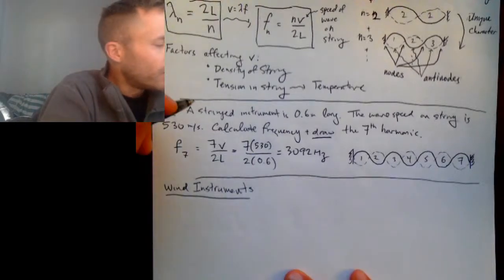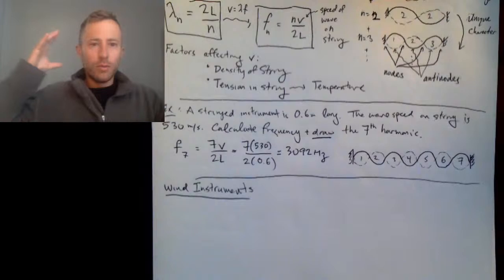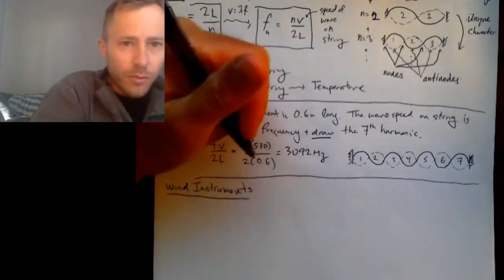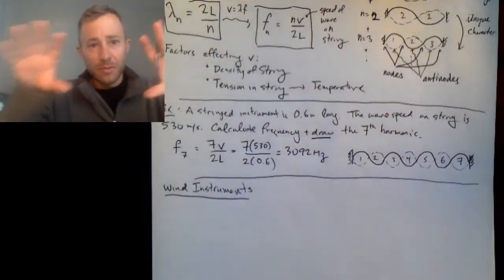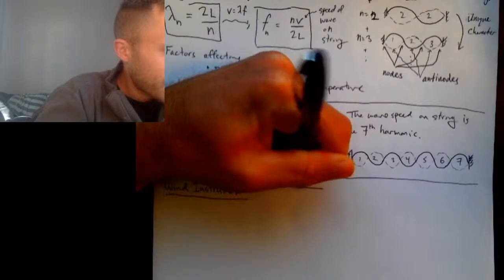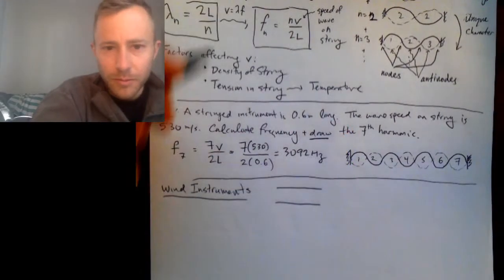All right, so wind instruments are typically a tube that air is vibrating in. If we imagine looking at a tube from the side, this is my picture of a tube from the side.